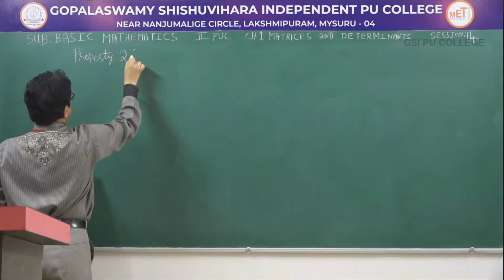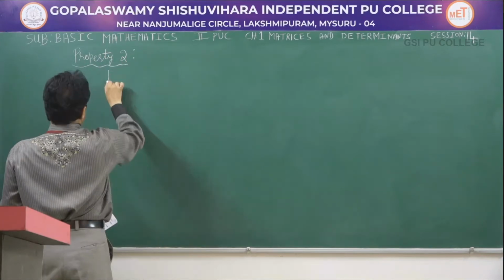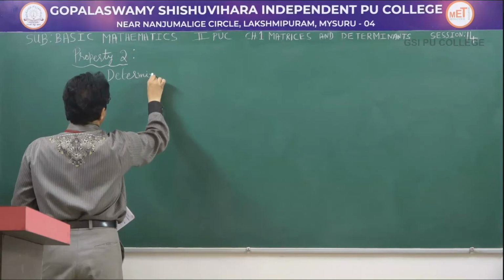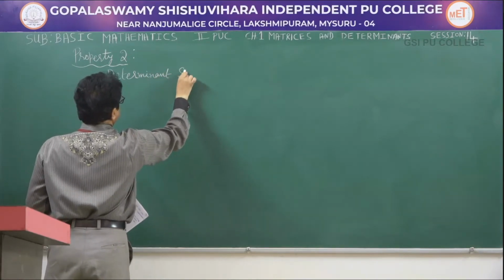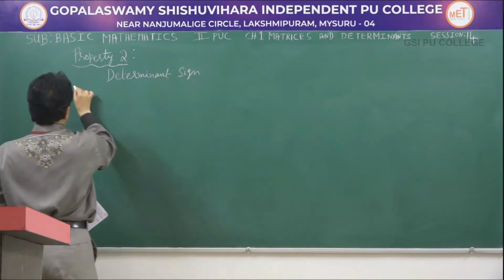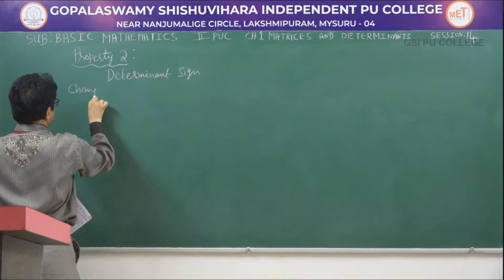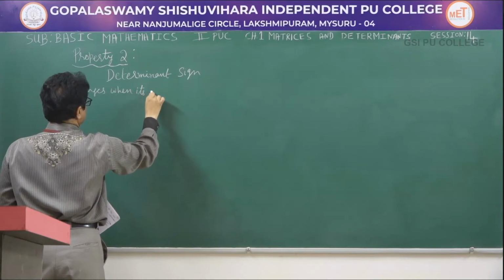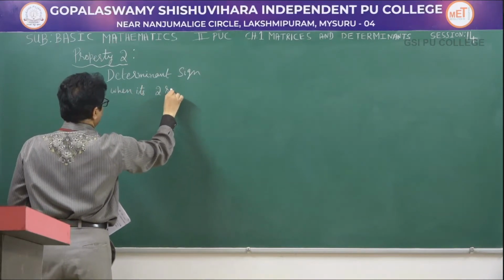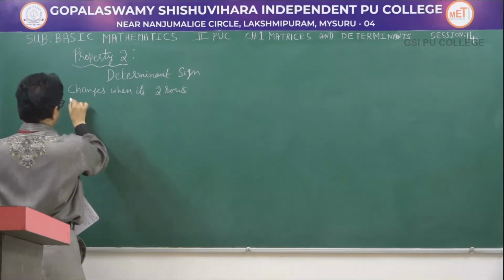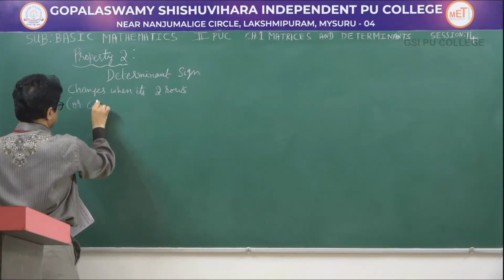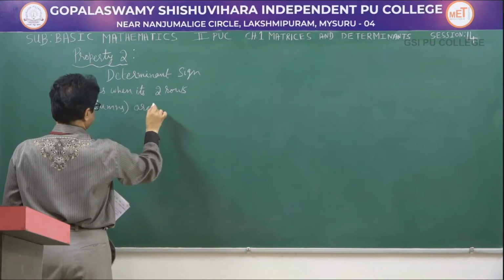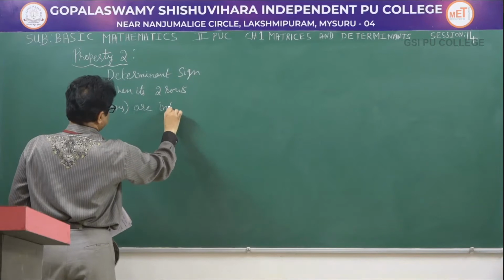Property 2. Determinant sign changes when its two rows or columns are interchanged.